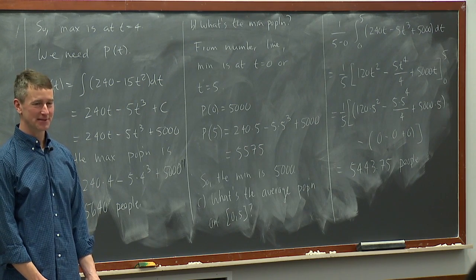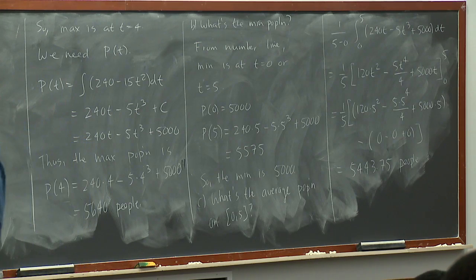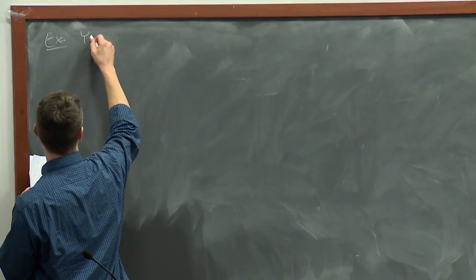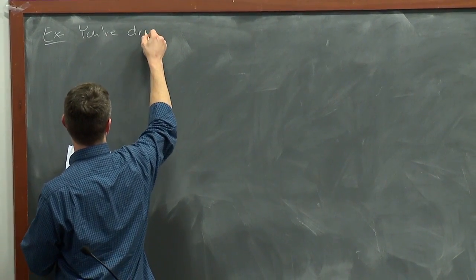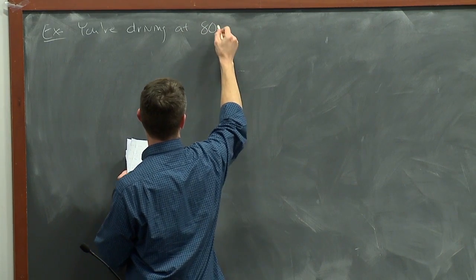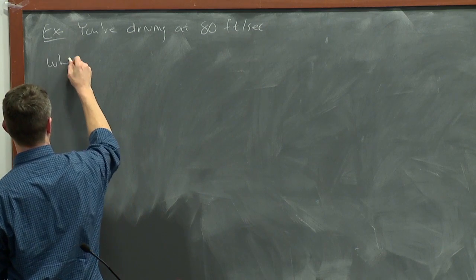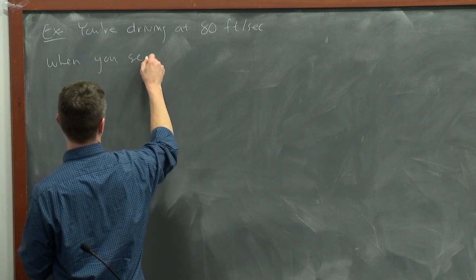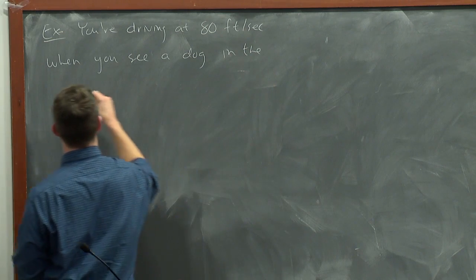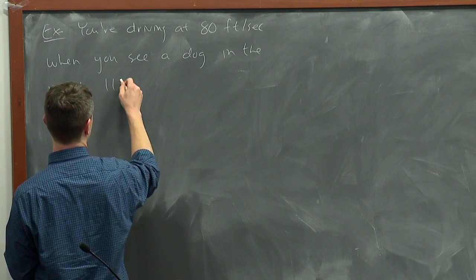And then the last thing we used integrals for was those equation of motion problems. Remember those? Acceleration, velocity, position. So here we go, our last question. You're driving along at 80 feet per second, when you see a dog sleeping in the road, 110 feet ahead of you.